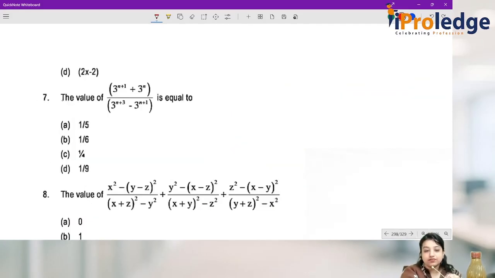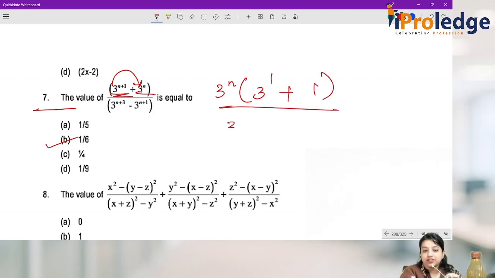Next, seventh one. Option B. If we take 3 to the power of n, it takes 3 to the power of 1. And here, taking 3 to the power of n, we can take n plus 1.